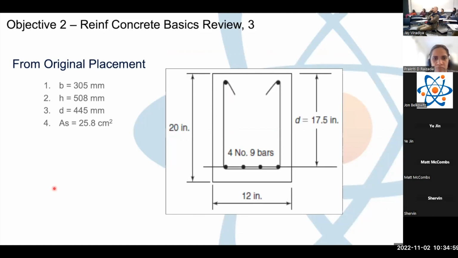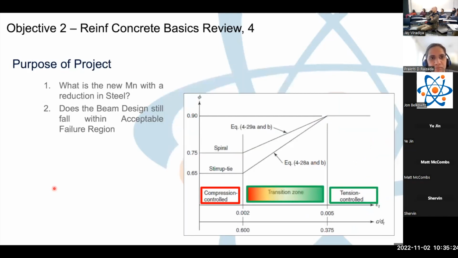Here we have a single reinforced concrete beam. Its base is 305 millimeters. Its height is 508 millimeters. The depth from the extreme fiber to the center of the steel is 445 millimeters with 4 number 9 bars. I believe in Canadian, that's like a number 29 or number 39 bar, but the area of steel is 25.8 centimeters squared.